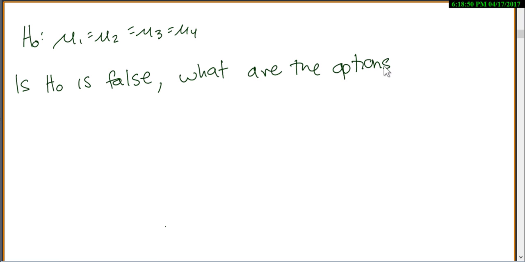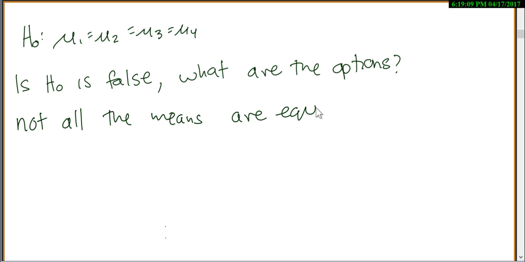Now this one we're just assuming 4 different populations. You'd have similar things for 5 or 6 populations. So what are the options? Basically it's not all the means are equal.